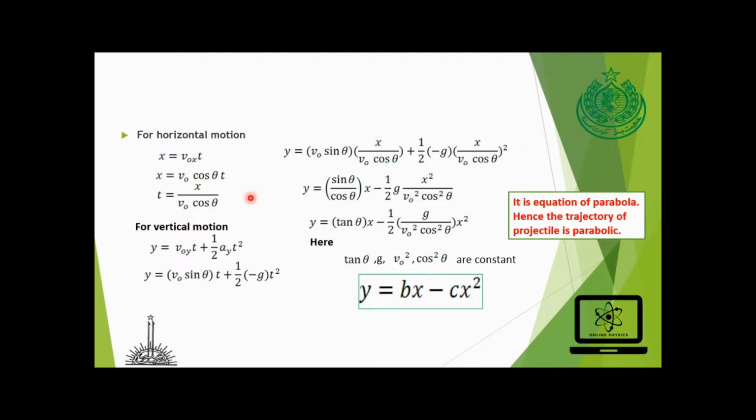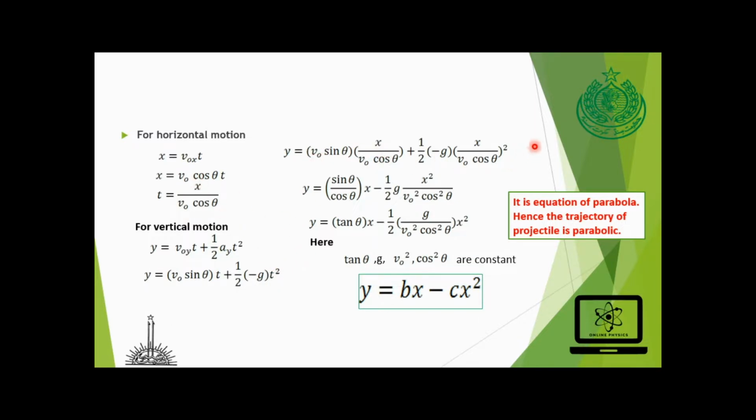So in these equations, we will eliminate t and we will get the expression of the trajectory path of the projectile. So this is t from the horizontal motion, and for vertical motion y is equal to v naught t minus half g t square. So we will put the value of t in this equation.